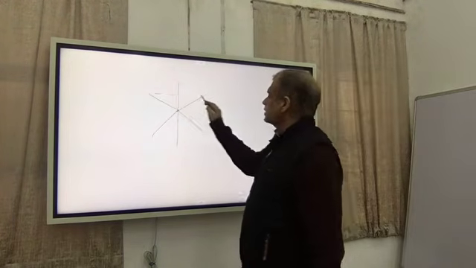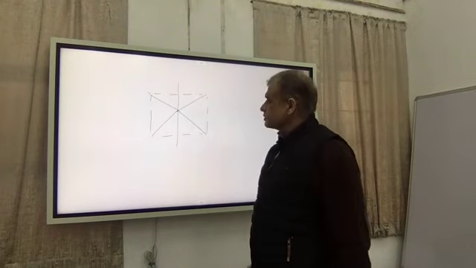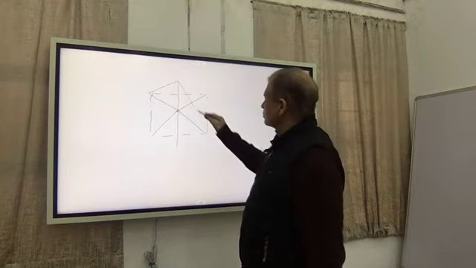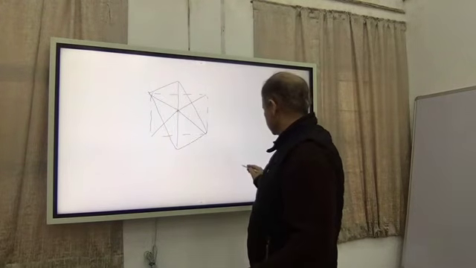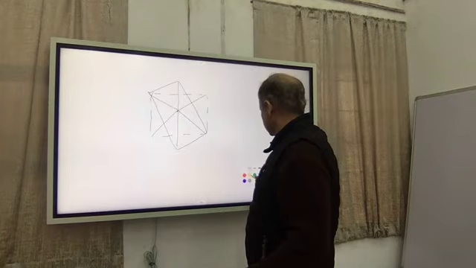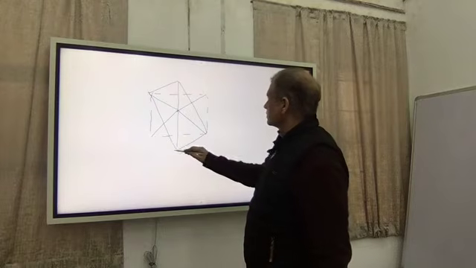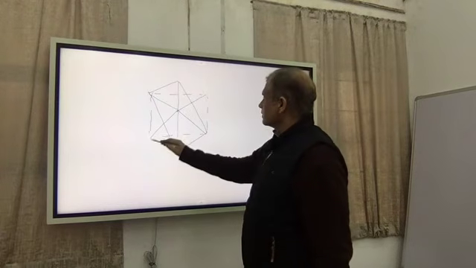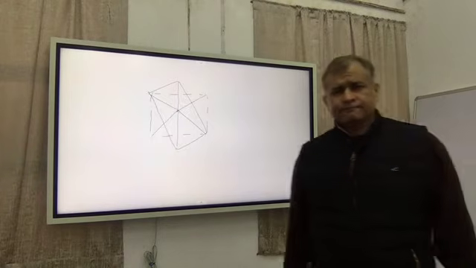One can be shown like this. One can be shown like this. The other can be shown like this. The third can be shown like this. So these are there.